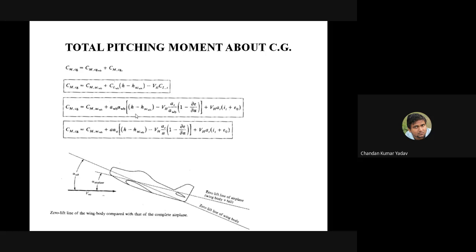So in order to ensure negativity of the terms inside the third bracket, can I say that H can have a maximum value, and the maximum value of H will be H_AC wing body plus V_H into this.